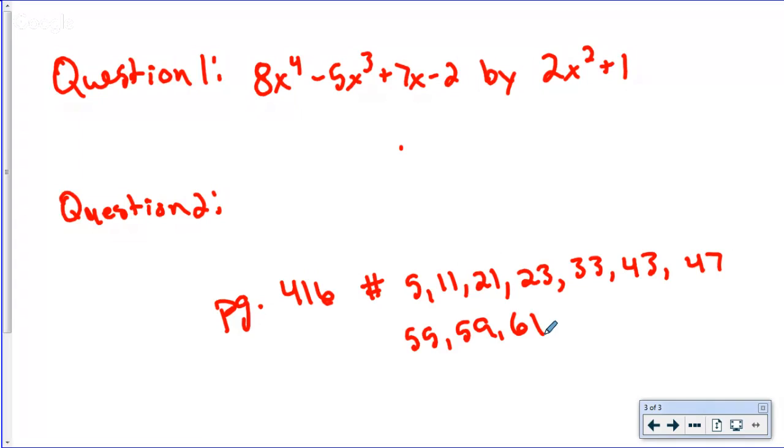And let's go with true or false, which is 69 through 72. Try to make this one really short. It's all division. So we just have a lot of practice problems on dividing polynomials.